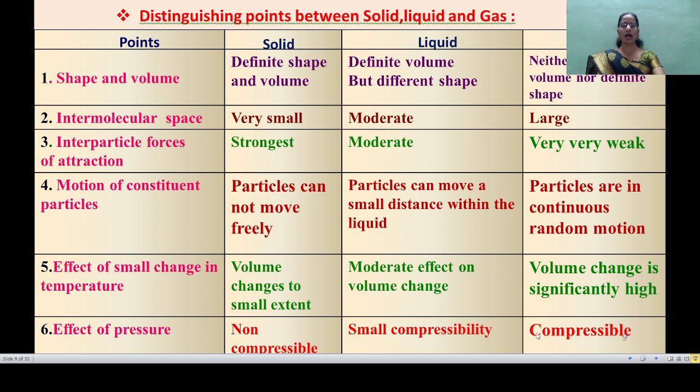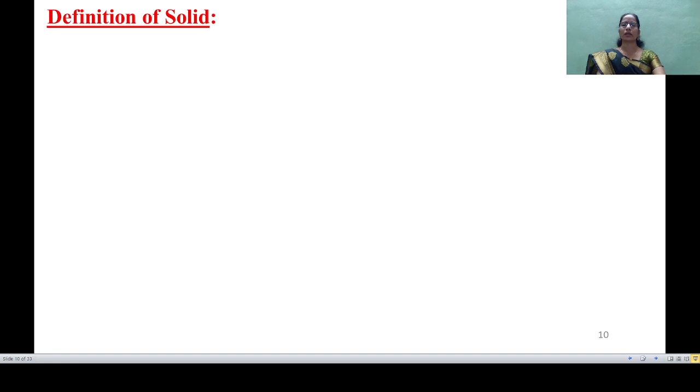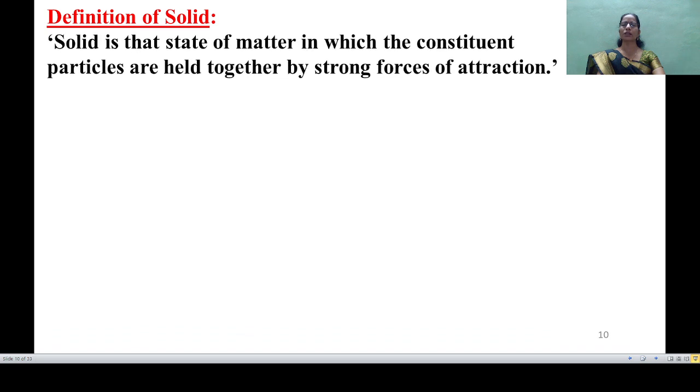That is, they are highly compressible. Okay, now with the help of these characteristics, we can easily define a solid as that state of matter in which the constituent particles are held together by strong forces of attraction.